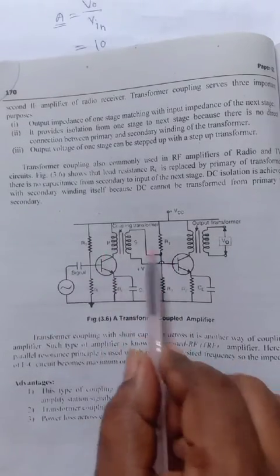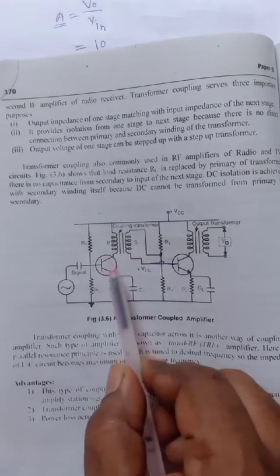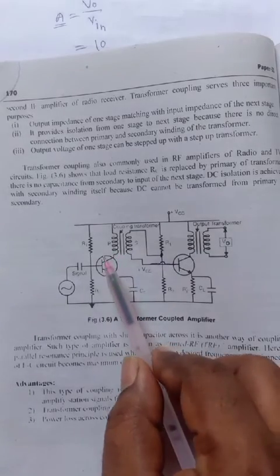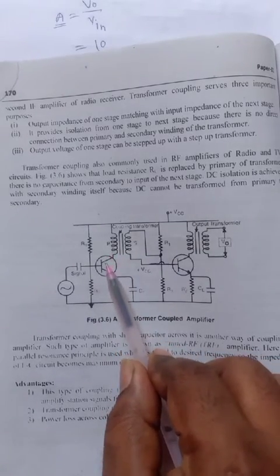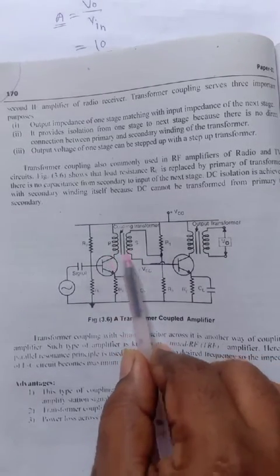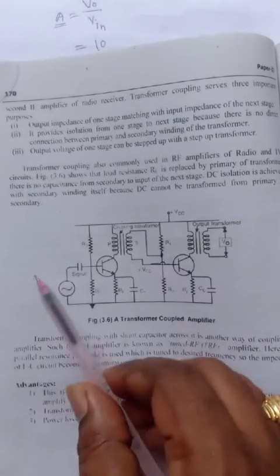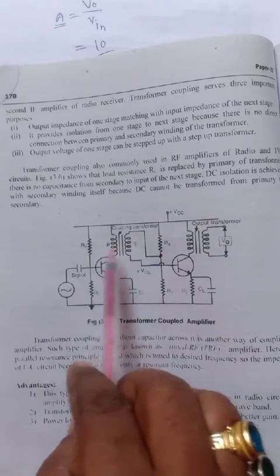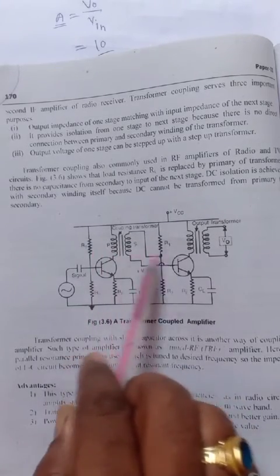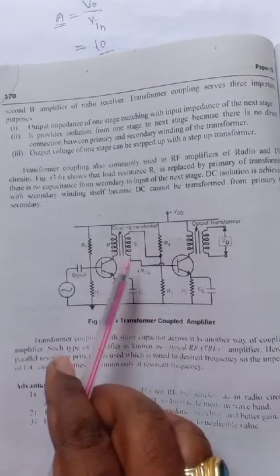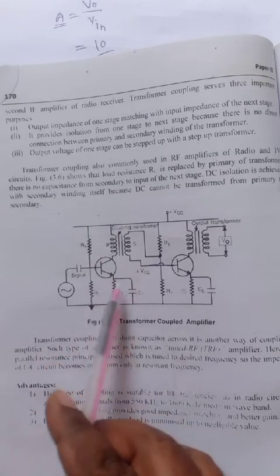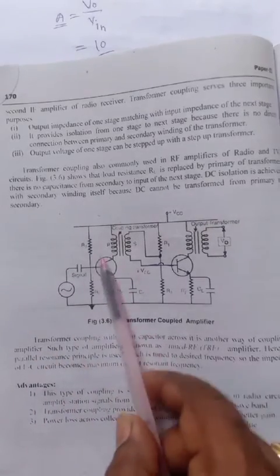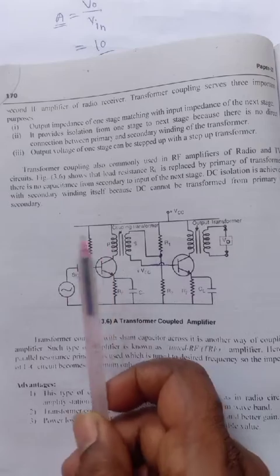According to the maximum power transfer theorem, since the impedances match, maximum power is transferred from the first stage to the second stage. Then it provides perfect isolation between these two stages. Because of this perfect isolation, there is no Q point change and no DC current flows from the first stage to the second stage.